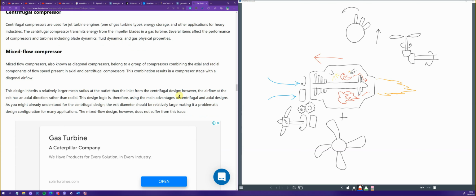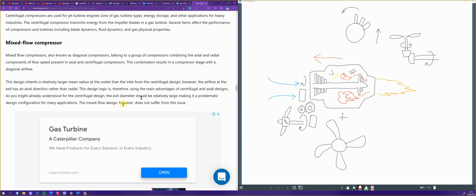Kasi, yung combination ng dalawa is supposed to cover for the lack of the other. Kinukuha niya yung main advantages.